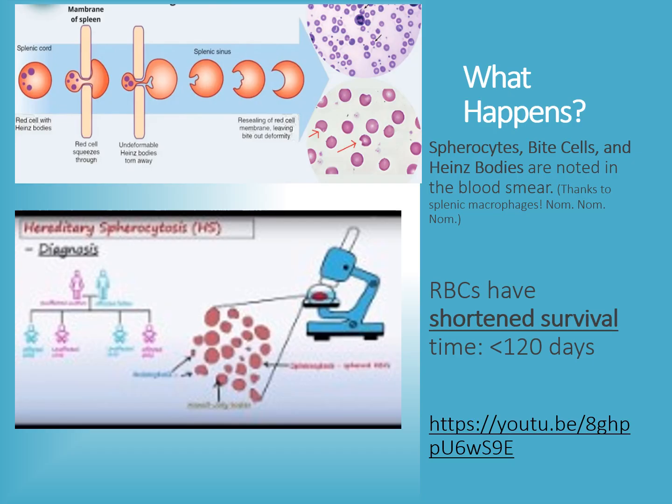If so, those splenic macrophages will pluck them out and break them down for recycling. Unfortunately, when people have a large number of abnormal red cells, they're broken down far too quickly, and this can lead to anemia and other sorts of conditions that we will get into later on in our topic.